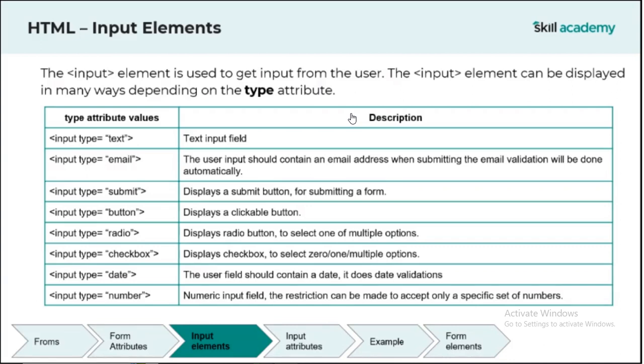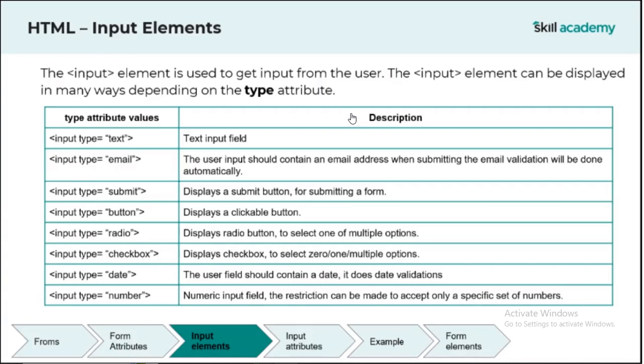So if you want to get multiple information, or if you want your user to select one or multiple options, we can use checkbox, क्योंकि रेडियो में यूजर एक ही ऑप्शन को सिलेक्ट कर सकता है, चेकबॉक्स में यूजर मल्टीपल ऑप्शंस को भी सिलेक्ट कर सकता है.